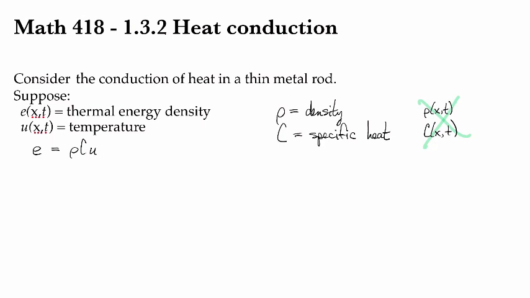So let's see. If we look now at Fourier's heat law, Fourier looked at heating, and what he discovered is that heat flows down the temperature gradient.